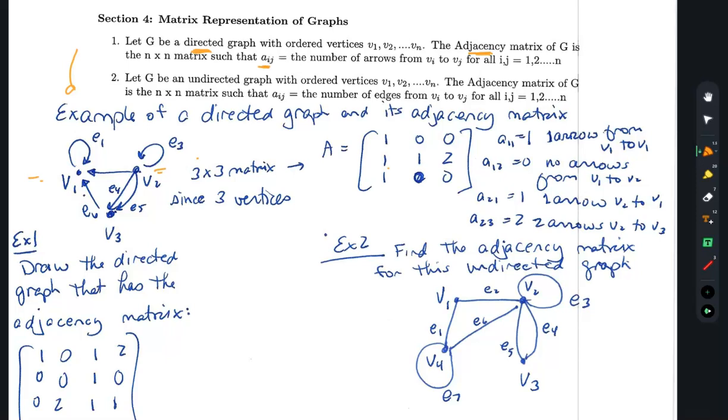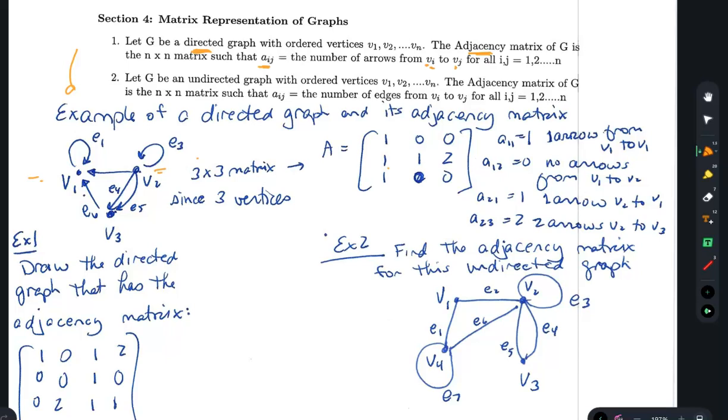So each one of these entries, Aij, like this would be A11, is the number of arrows from V1 to V1. Looking here, I can see there is one edge from V1 to V1, and that's why there's the number 1 there.